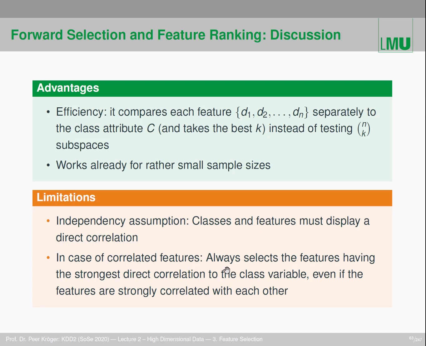So in case of correlated features, you will always select the features having the strongest direct correlation to the class label, even if there may be some features that are not so strongly correlated individually to the class label, but together they are more strongly correlated than the others. So that is the downside, but on the other hand, you get a really efficient feature selection preprocessing.